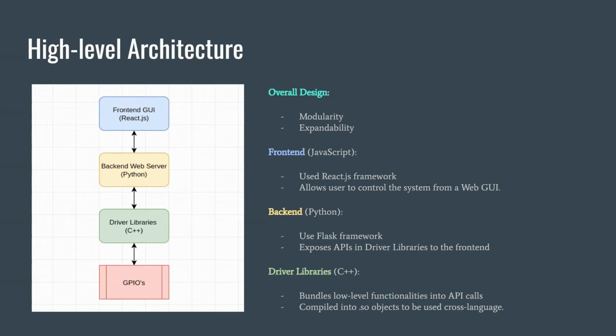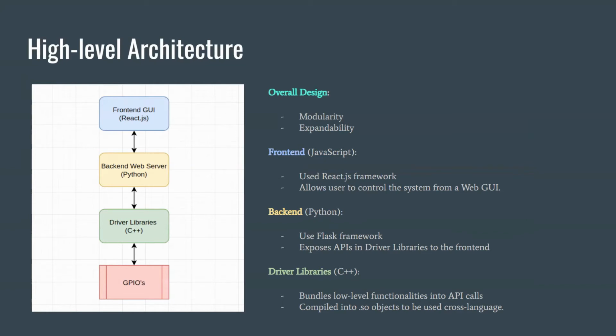You can also see we're writing different modules in different languages to suit their best purposes. The front end is written in JavaScript. It uses a framework called React.js, and it creates a website for users to control the system from a web GUI. The backend is written in Python. It uses a web server framework called Flask and exposes very low-level APIs from our driver libraries to the front end.